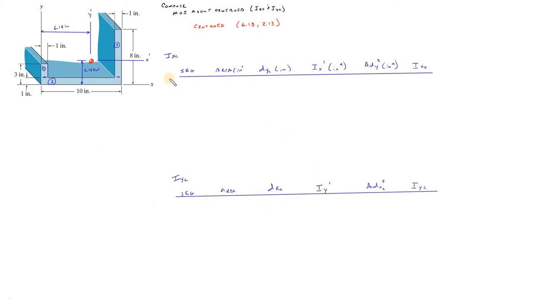Now everything will be the same as the previous video. So we had our segments, we're just going to fill them all out at the same time. We have our areas, that did not change as well. It's 10, 7, 2, 10, 7. And Ix prime does not change either.